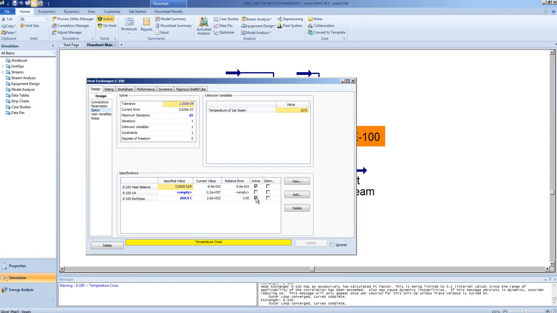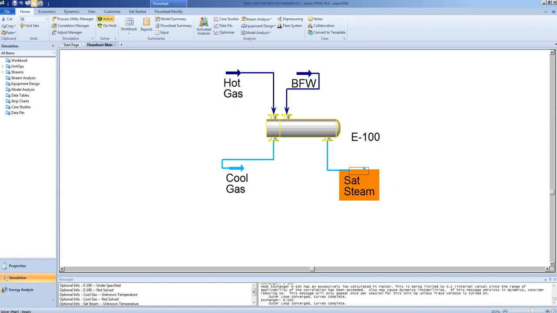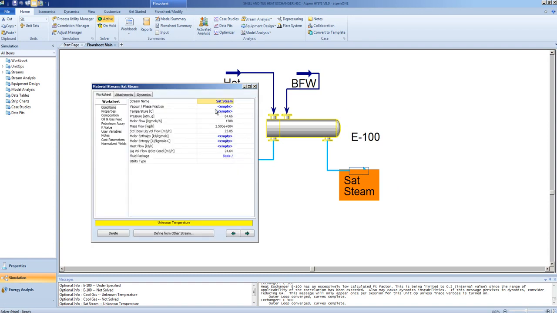We will take off this specification. In fact, we may delete the specification as we think about a specification that is more applicable or one that can be realized. Note the degree of freedom is 1. A specification that makes more sense is to specify that all the water entering the exchanger is vaporized.